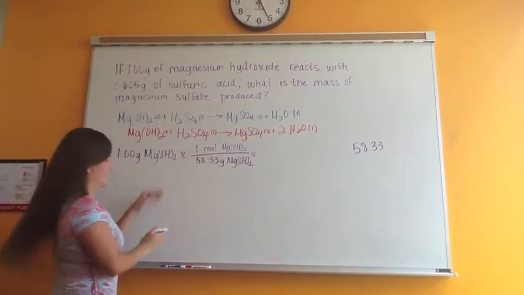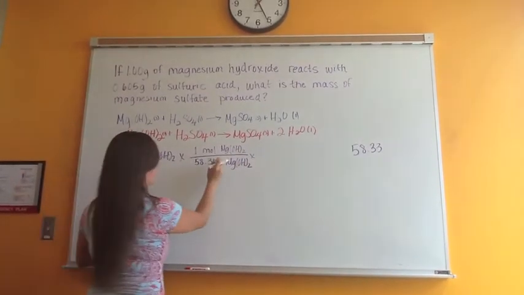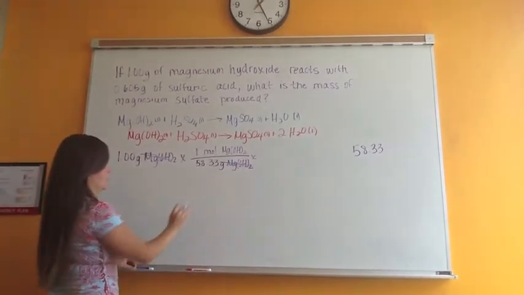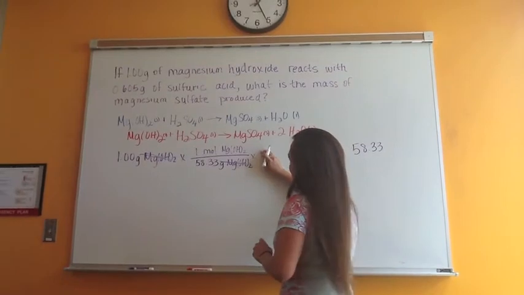Then we can cancel out the grams, and now we need to get another mole in order to get to the magnesium sulfate.